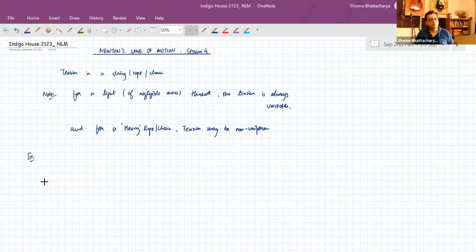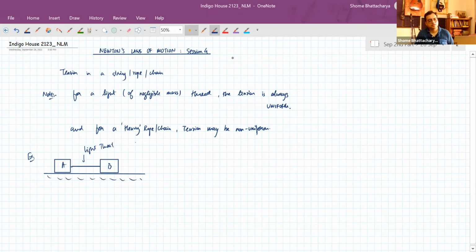In one part of this example, we have two heavy blocks attached by a very light thread on a frictionless surface, and we are pulling this with a force F like this.